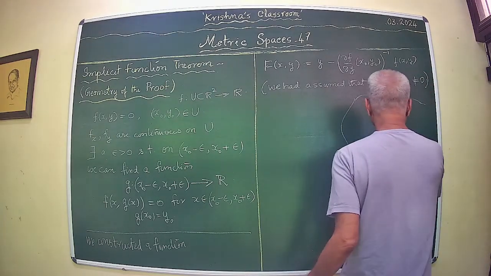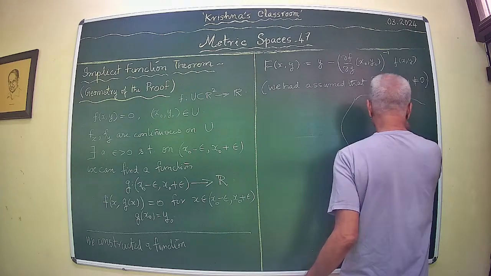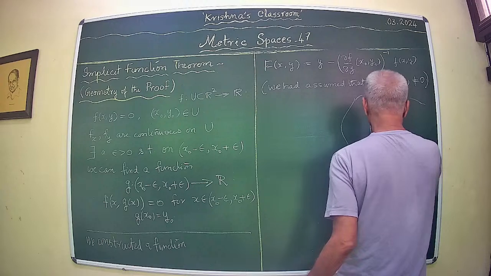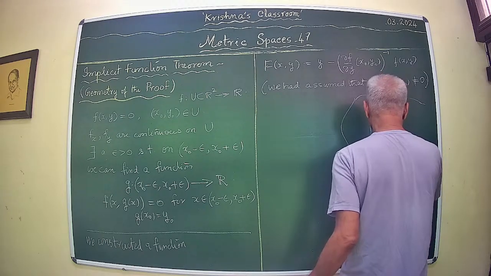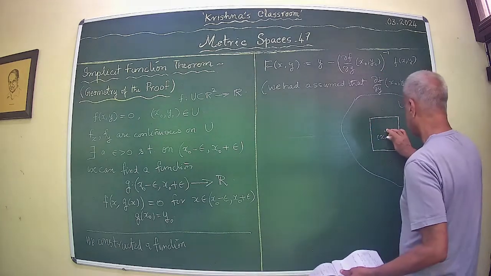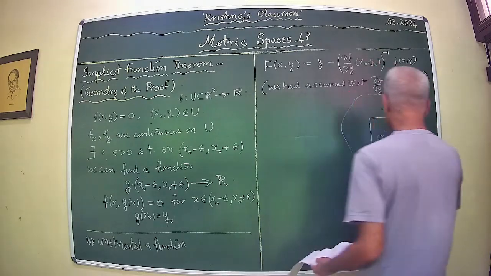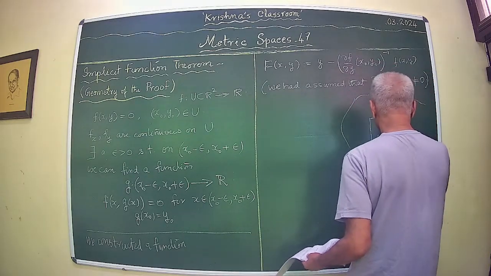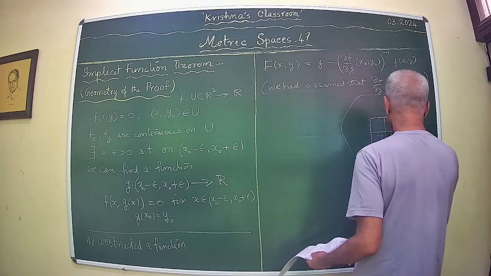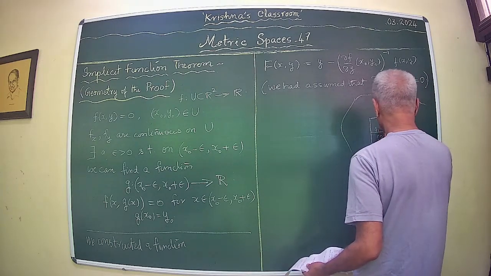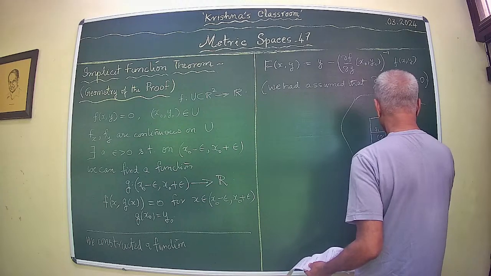Now you can find a rectangle with x0, y0 at the center, something like this. This length is delta 1, delta 1, and this is delta 2, delta 2.